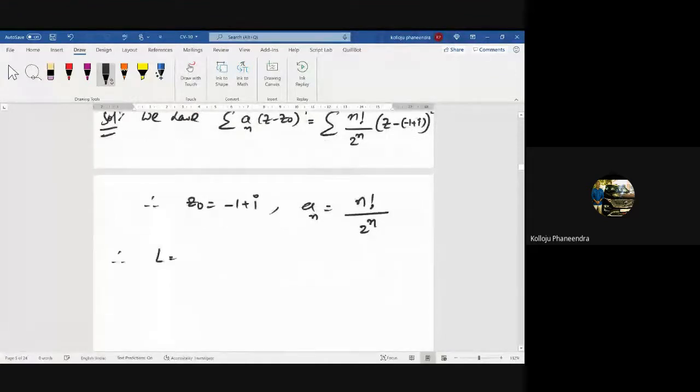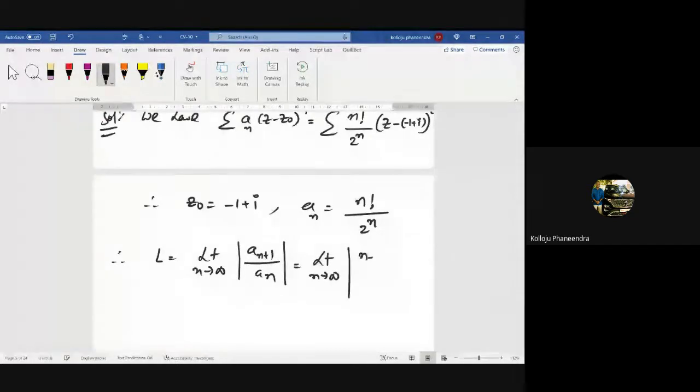Therefore, what is the limit L value? Limit n tends to infinity mod a_(n+1) by a_n, so (n+1) factorial by 2 power (n+1) into 2 power n by n factorial.